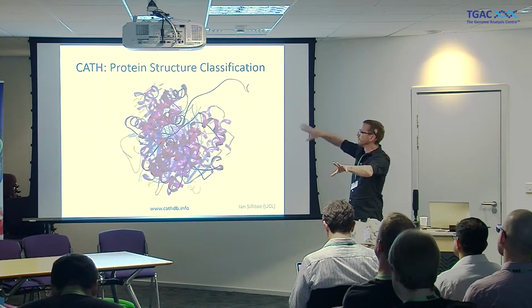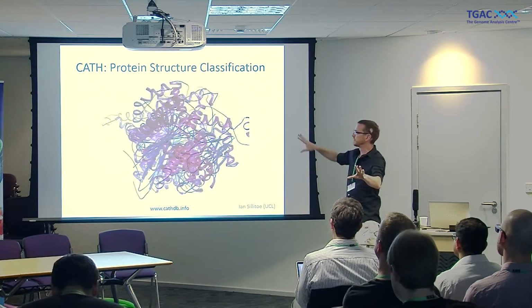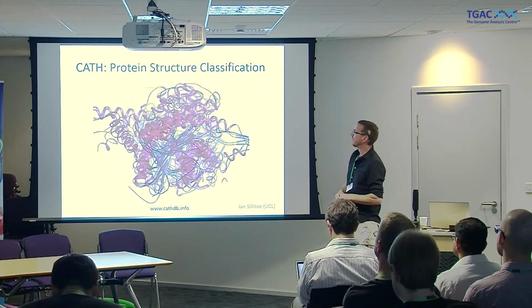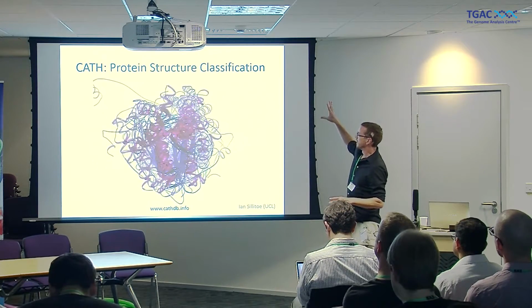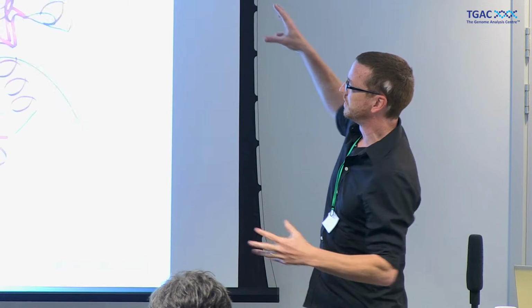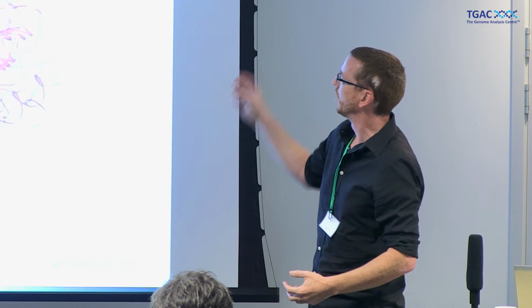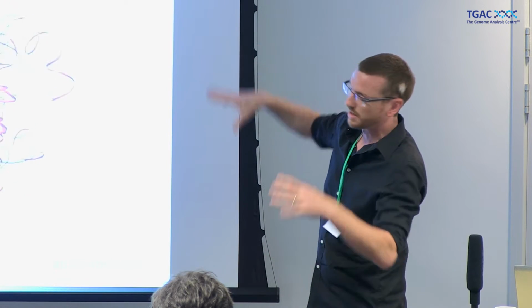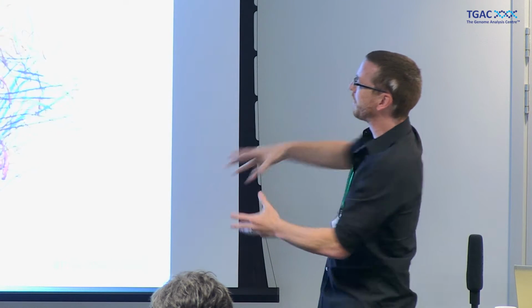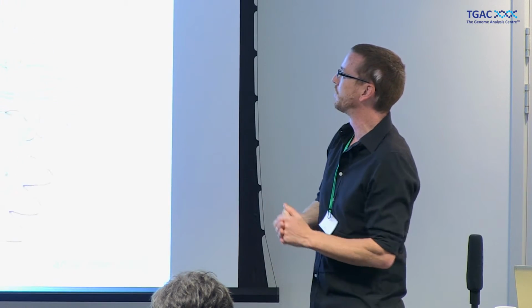This goes right the way through evolution to loads and loads of different areas of life. What we're interested in is bringing together the most conserved core to try to find information that's interesting right the way through evolution.